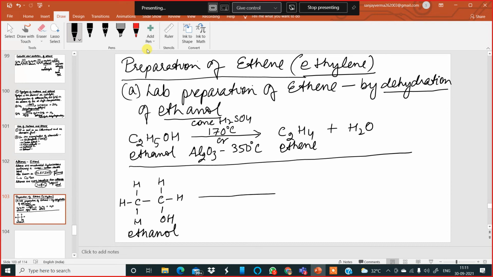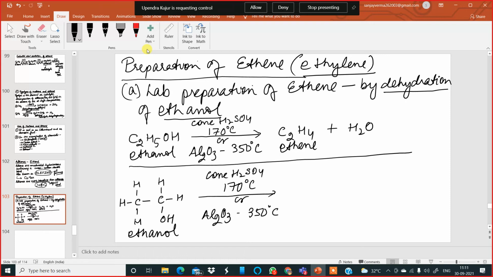When this ethanol is treated with either concentrated sulfuric acid at 170 degrees Celsius or heated aluminum oxide at 350 degrees Celsius, it produces ethene.